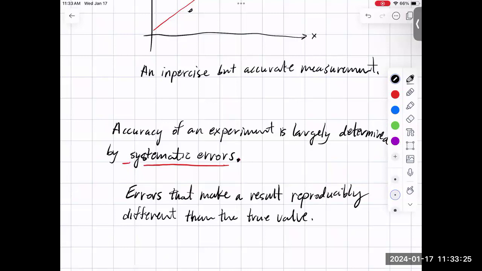Another example, besides just calipers that haven't been zeroed properly, is maybe you're measuring the time it takes a ball to fall a certain distance.